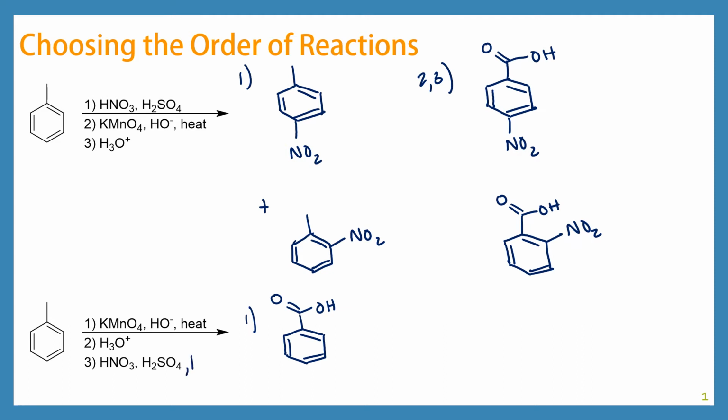However, if we were to add some heat, we could get this reaction to go, and we would end up with a single product, meta-nitrobenzoic acid. So this is a really simple example of this, but it does show you that the order of operations here matters.